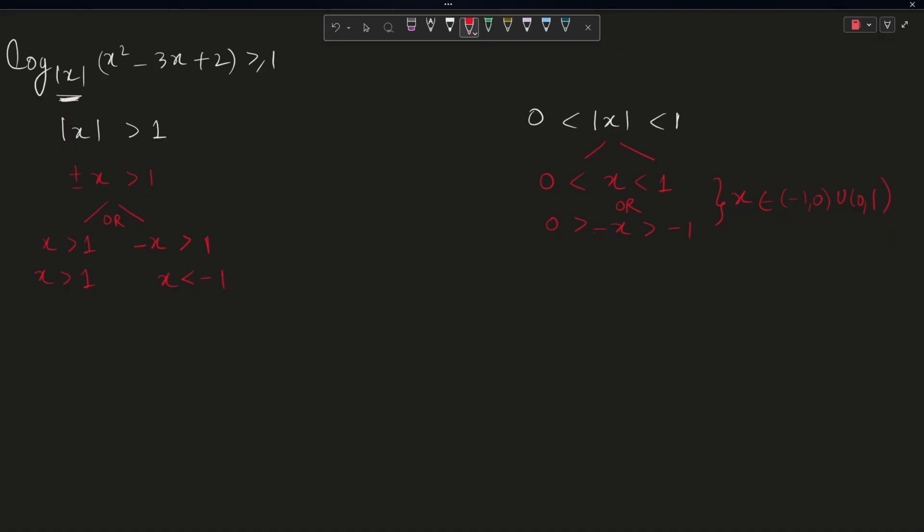And for the first one, it will be minus infinity to minus 1 union 1 to infinity. So we have to take all these cases.